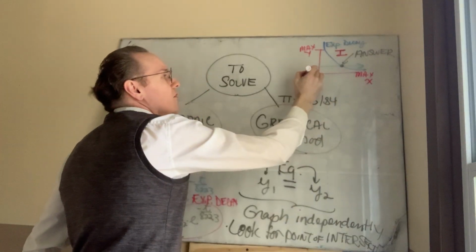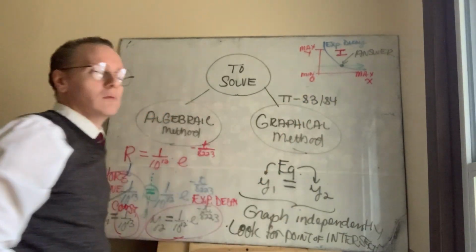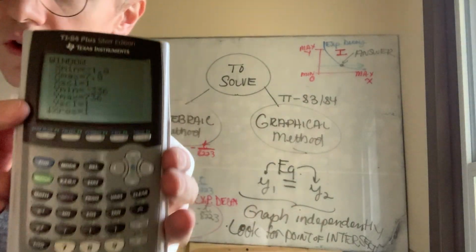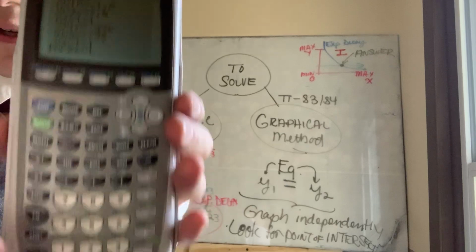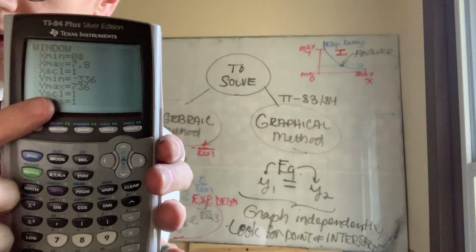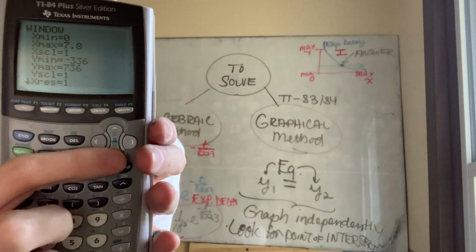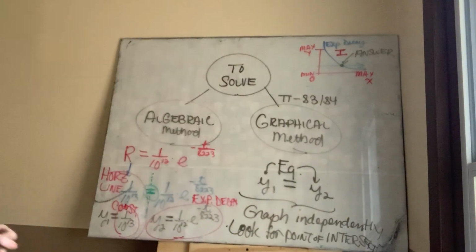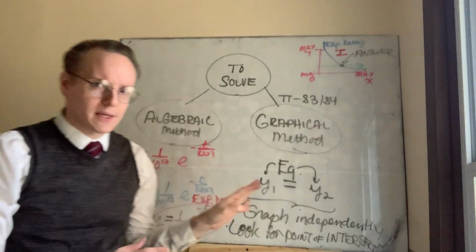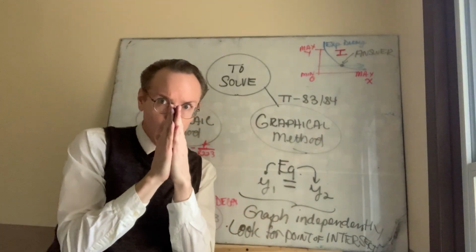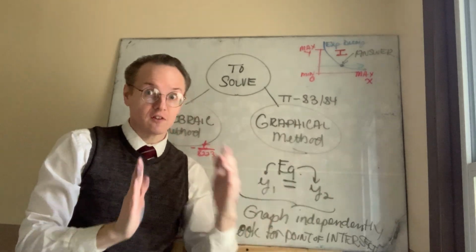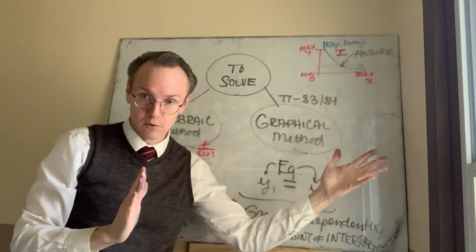The minimum of both will be 0. So for x min, I'm just going to put 0. For x max, we kind of have a vague idea already that this is going to be a large amount of time. I don't mean like 1 year, 2 years, 3 years. It's like 20,000 years.